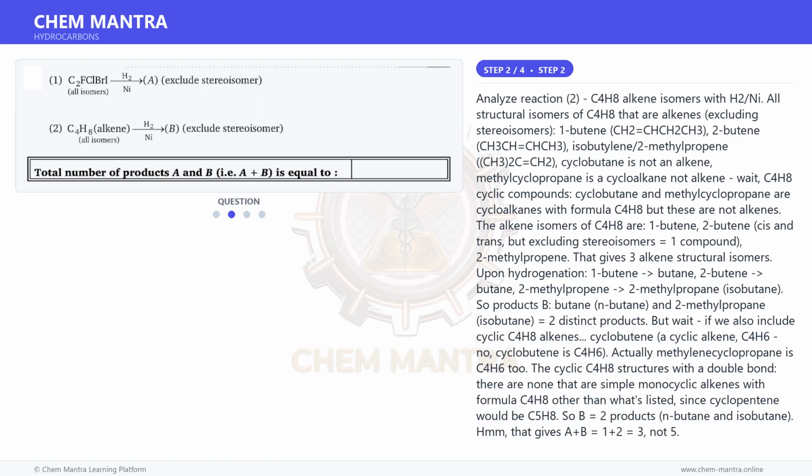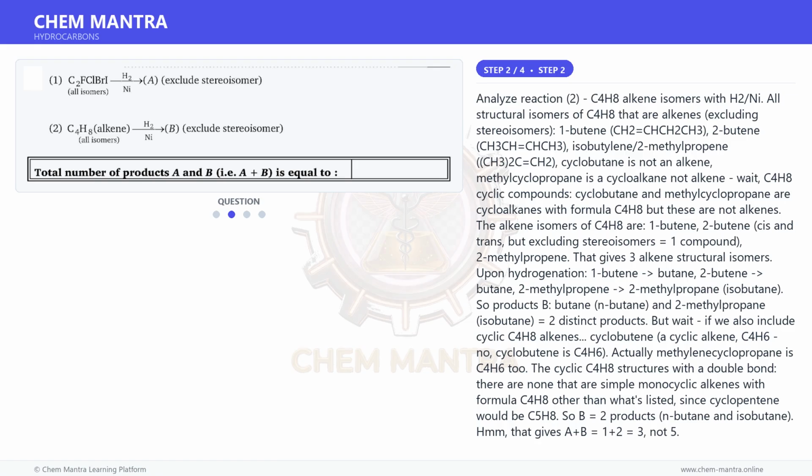But wait, what if we also include cyclic C4H8 alkenes? Cyclobutene is C4H6, and methylenecyclopropane is C4H6 too.